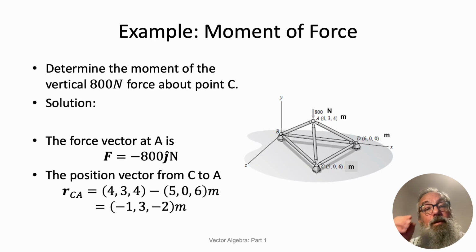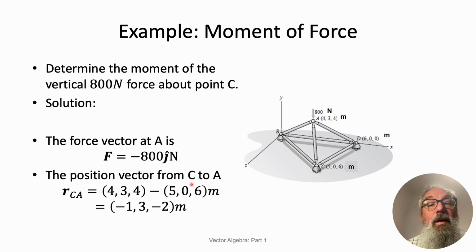So, an example of a moment of a force. Determine the moment of the vertical 800 newton force about point C. So 800 newtons acting down. What's the moment of this about point C? The force vector at A is 800 newtons down, so it's vertically down, so it's negative 800j.